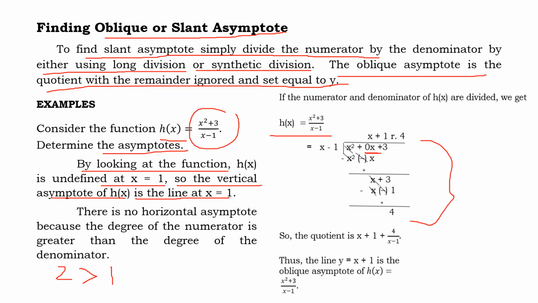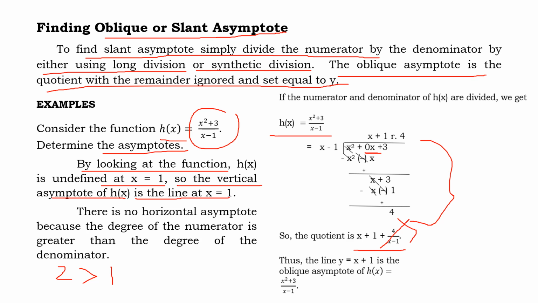Right after we apply the long method of division, the resulting value is x plus 1 plus 4 over x minus 1. Thus the line y equals x plus 1 is the oblique asymptote of h of x equals x squared plus 3 over x minus 1, because we're going to neglect this part, which is your remainder.